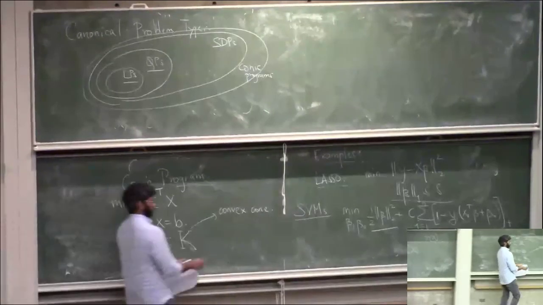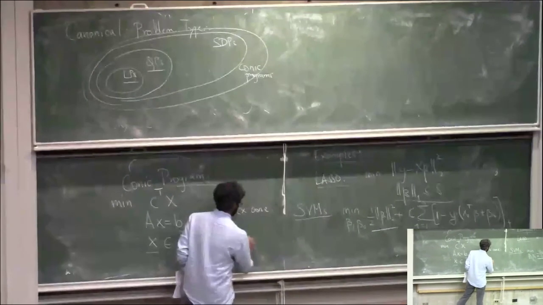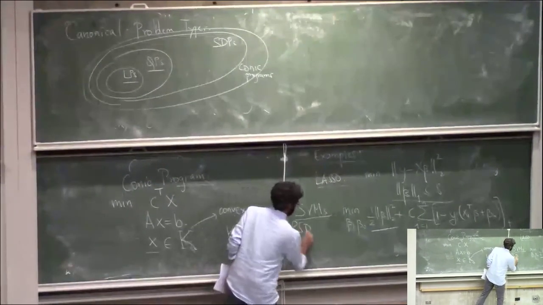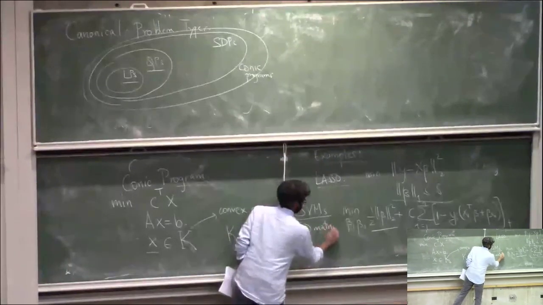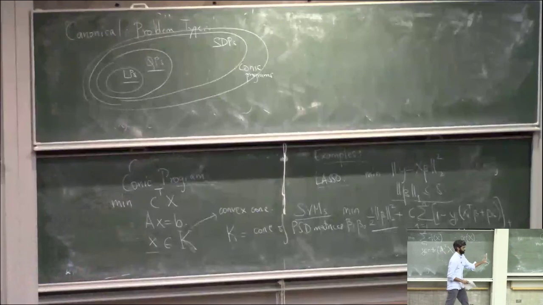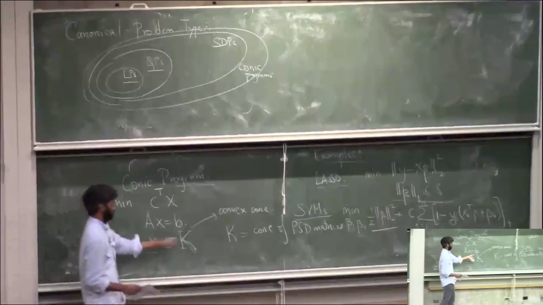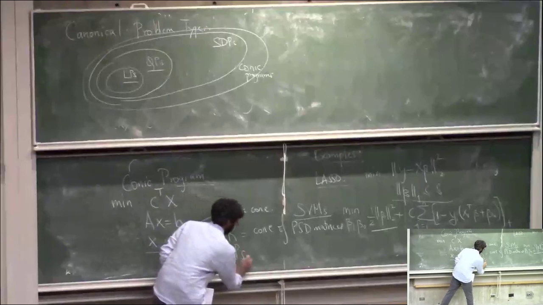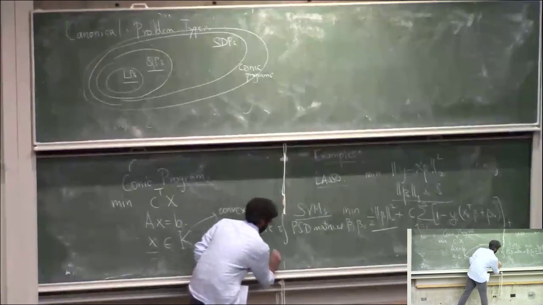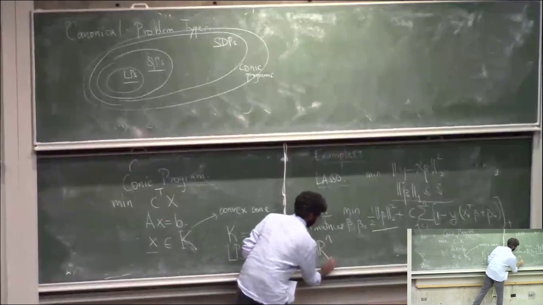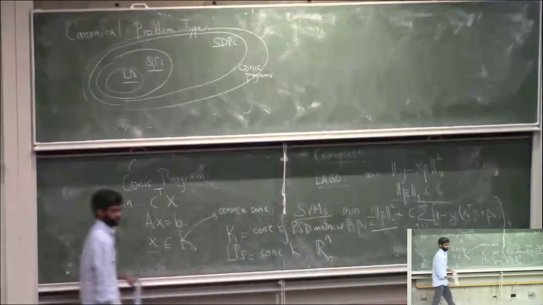If I think of the cone K as being the cone of PSD matrices, then you'll recover SDPs. On the other hand, if you think of the cone K as being the positive orthant or the negative orthant, you'll get LPs back. LPs is when the cone K is R^n plus, some orthant of the reals.